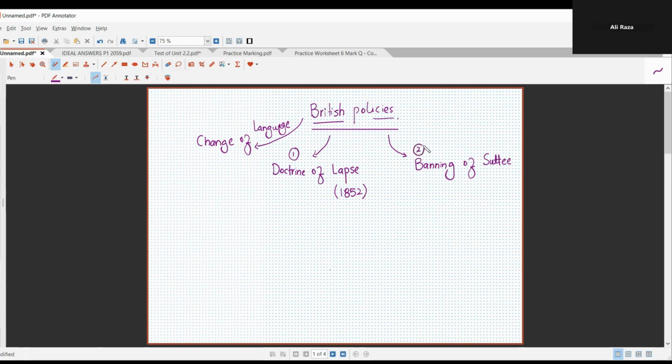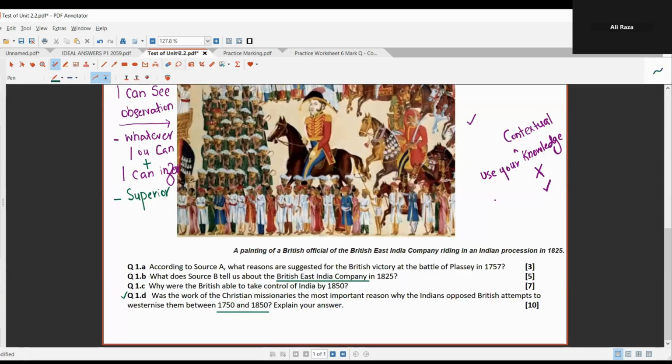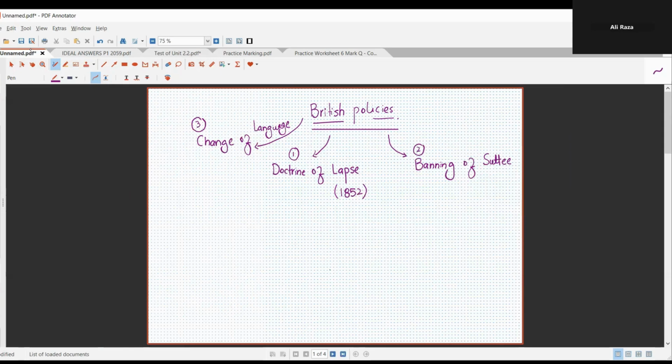So we have taken three reasons, and another reason that they have given us in the question is the work of Christian missionaries. So this is the most important one. हमें ये जरूर आना चाहिए. So ये जो Christian missionaries का है, work of Christian missionaries is our side one. इसको हम क्या बोलते हैं? Side one बोल देते हैं.